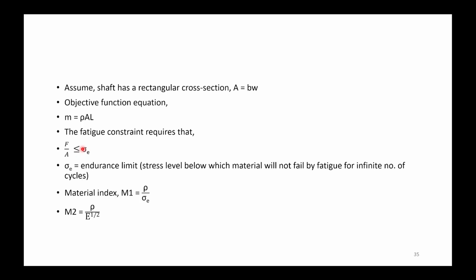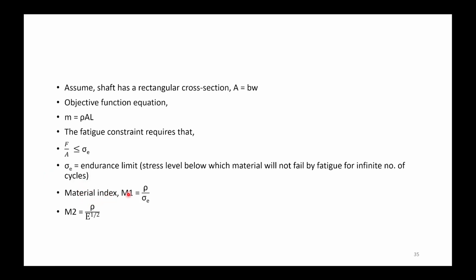So we'll be putting the value of A from this equation here, and we get the first material index. Here sigma E is the endurance limit, which is the stress level below which the material will not fail by fatigue even for an infinite number of cycles.